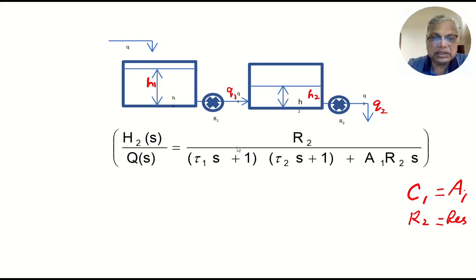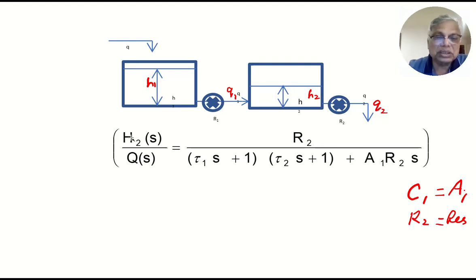By the way, this equation is not an assumption. This is a derived equation. This overall transfer function of these two interacting tanks can be derived. H2(s) by Q(s): Q is the flow input to the first tank, and H2 is the height of the liquid in the second tank.